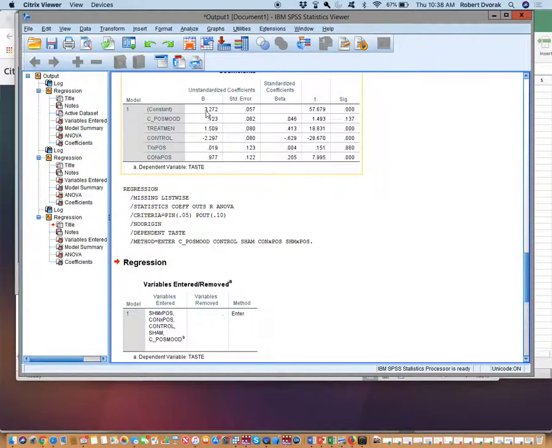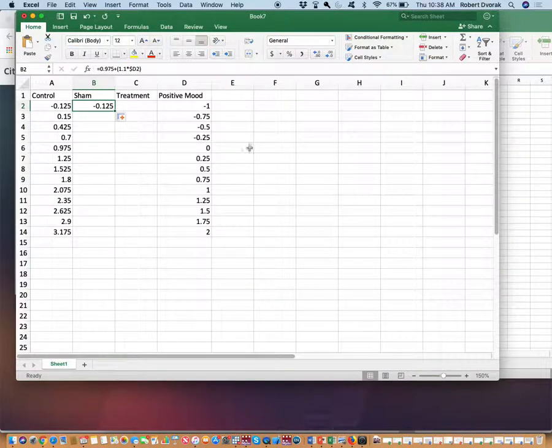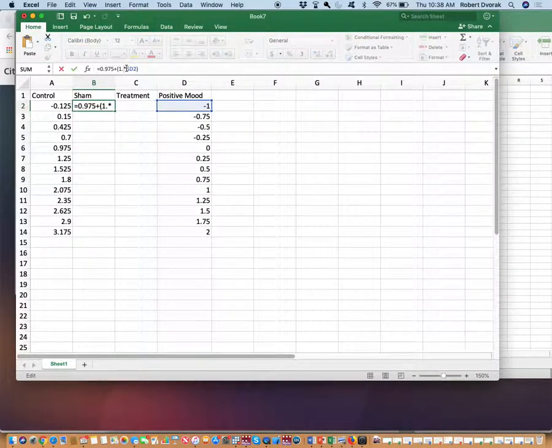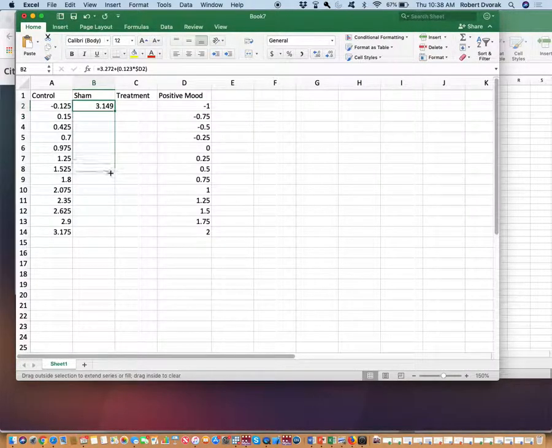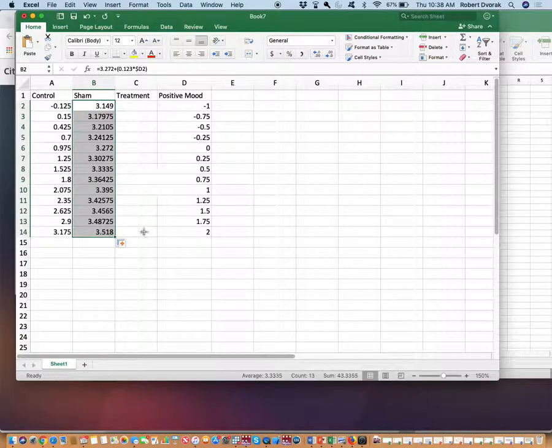The intercept is 3.272 in sham, and the slope is 0.123. Okay. Got that done. We can just grab that and pull it down.